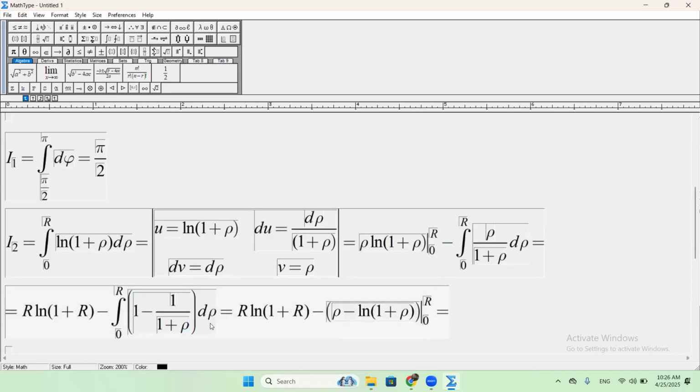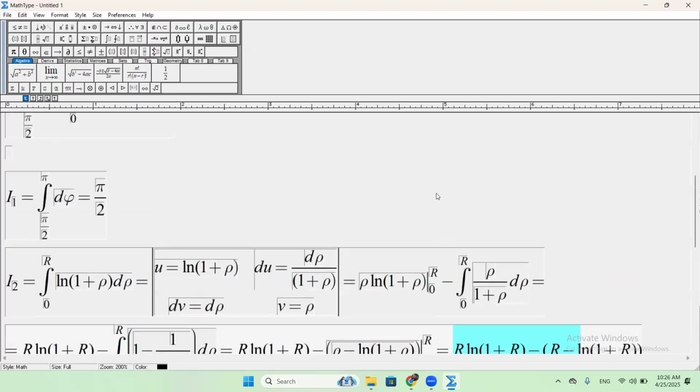So if I substitute everything, I will receive the following expression. So r minus logarithm of 1 plus r. And if I substitute 0, I will receive 0. So what is the final answer?